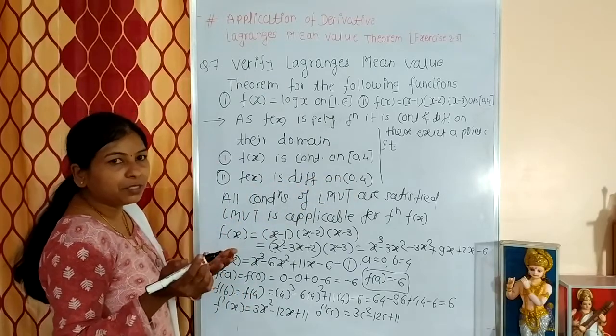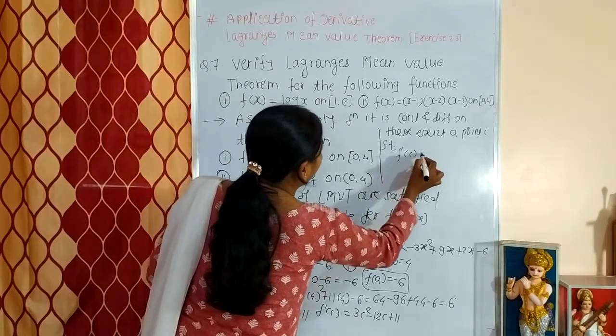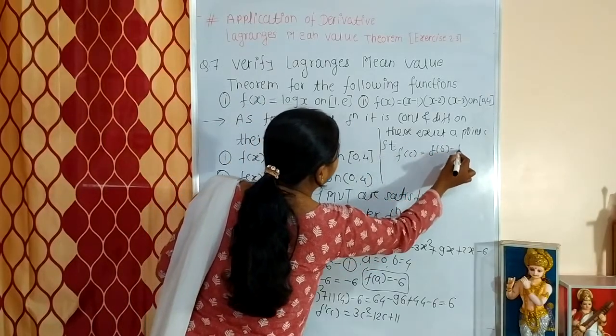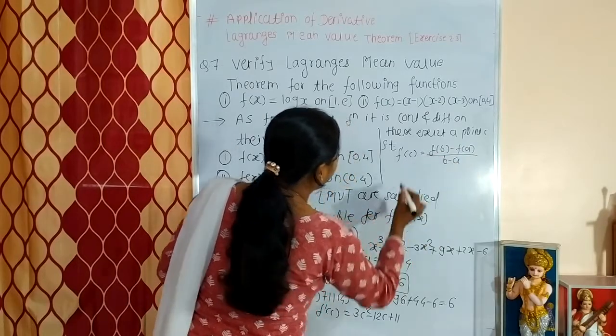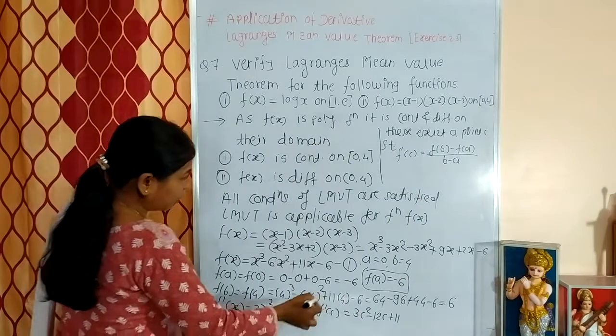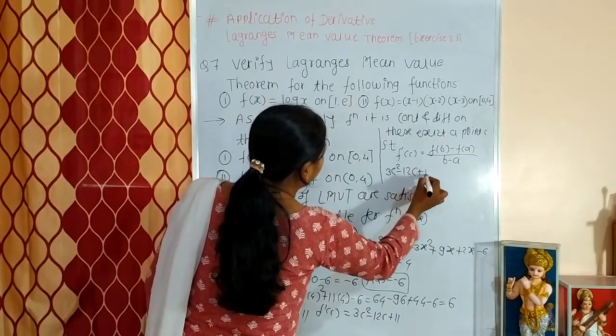So find f dash of c. The formula is f dash of c is equal to f of b minus f of a divided by b minus a. So f dash of c is 3c square minus 12c plus 11.